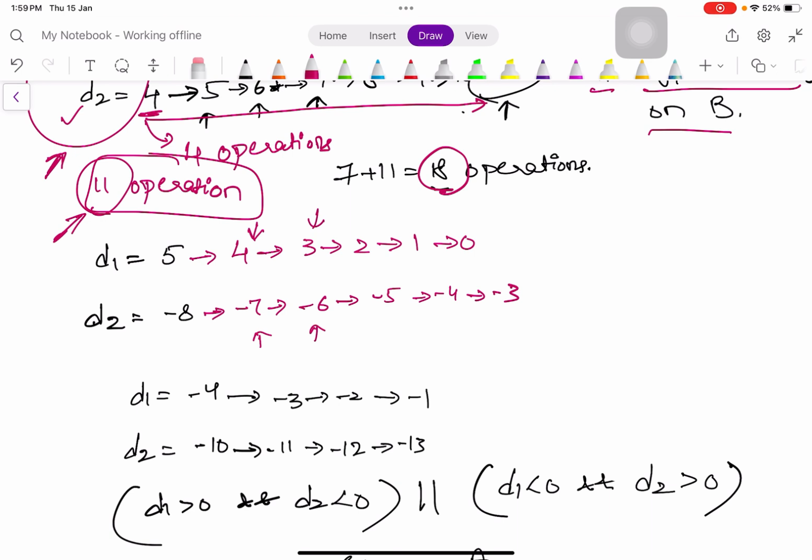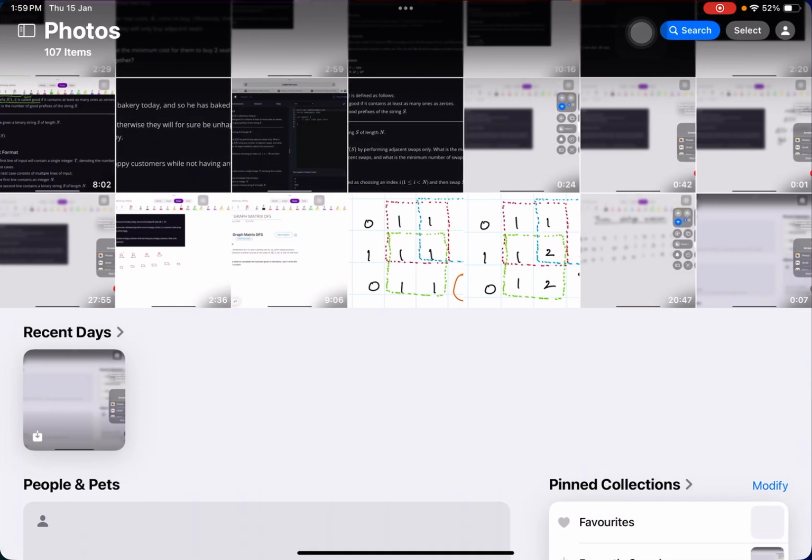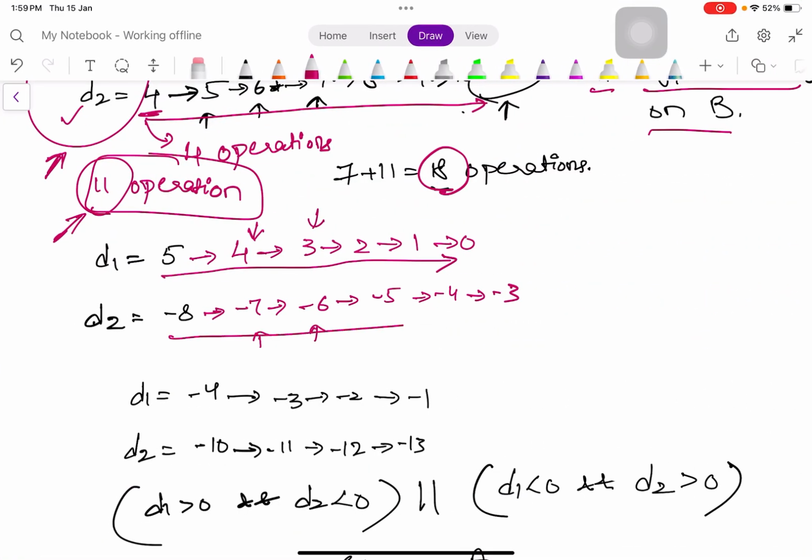This continues, right? So when the operation on string A is leading both these values towards 0, then we'll perform the flip operation on string A. Otherwise, we don't do it.